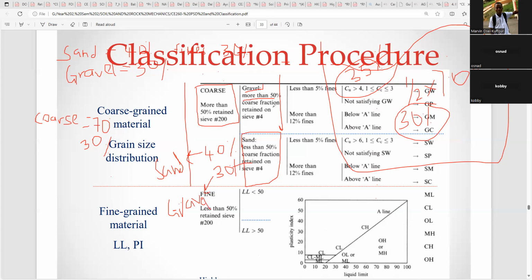If it is less than half of the coarse fraction, you choose sand. So that is why I chose sand here. Or you can just go by their percentages. It's like when we were comparing coarse and fine: wherever you have your higher percentage, you just go by that. Very, very simple. Is that clear?